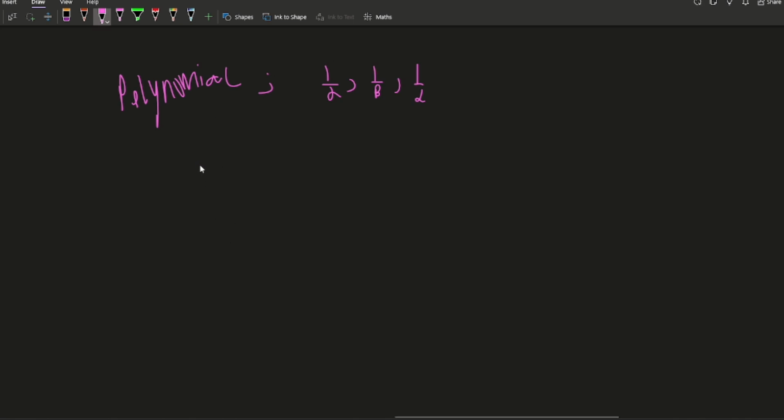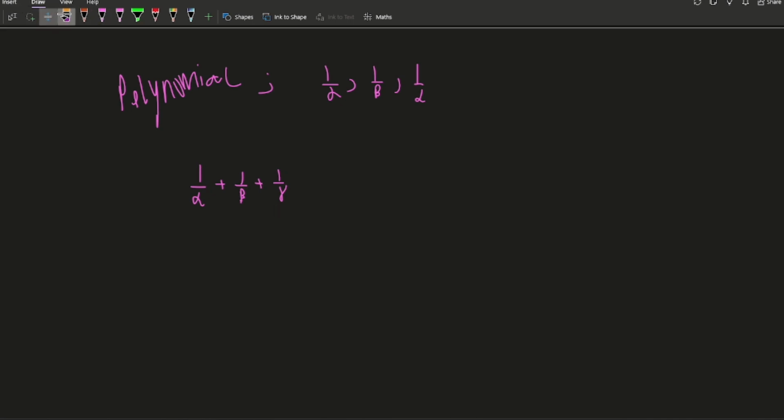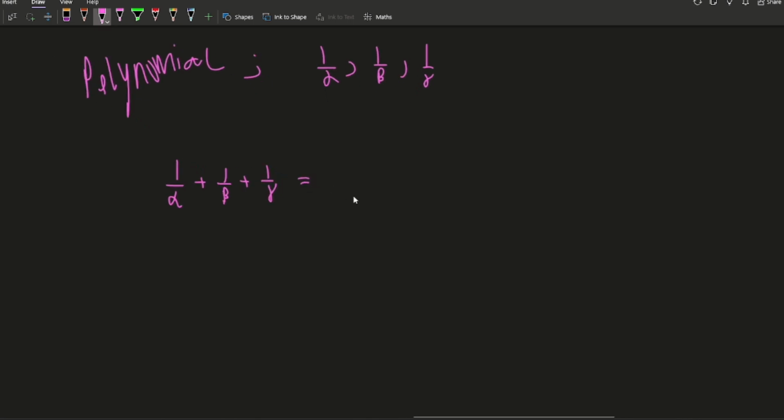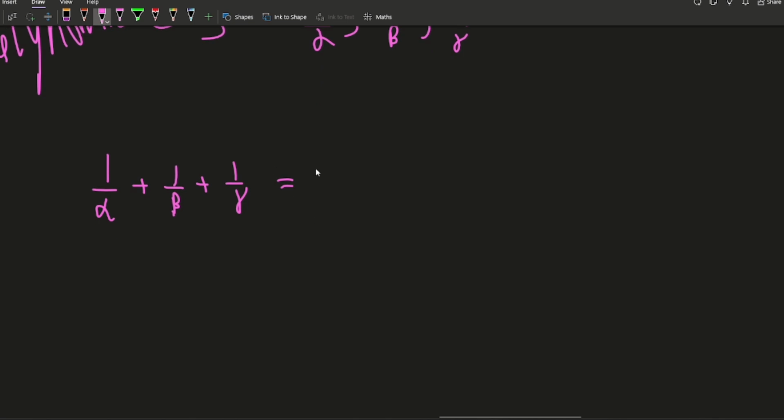The sum of roots is 1 over alpha plus 1 over beta plus 1 over gamma. Let's take the LCM. So this would be alpha beta, this goes here, this goes here: alpha plus beta over alpha beta, plus 1 over gamma.